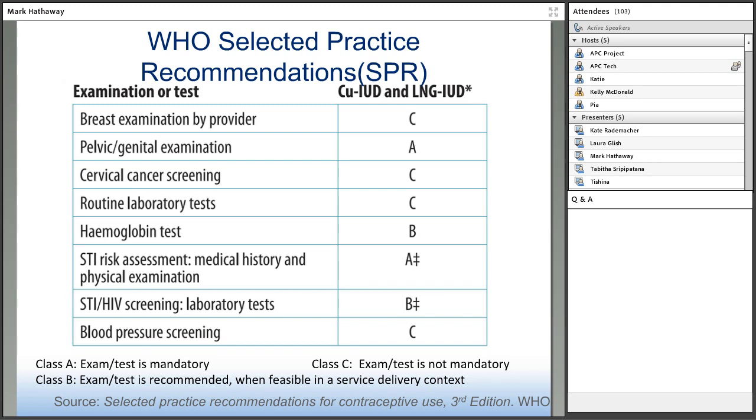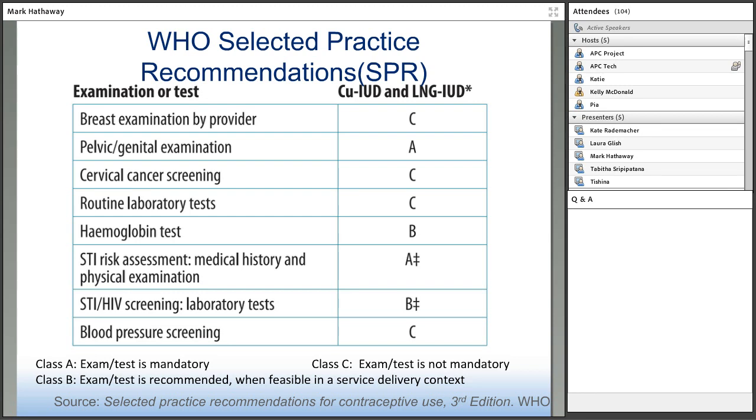And Class A refers to when an exam is mandatory, and so a pelvic exam, a genital exam is mandatory, as well as an STI risk assessment, and that could be in medical history and a physical exam, looking at the cervix to try to discern whether there's an infection present.